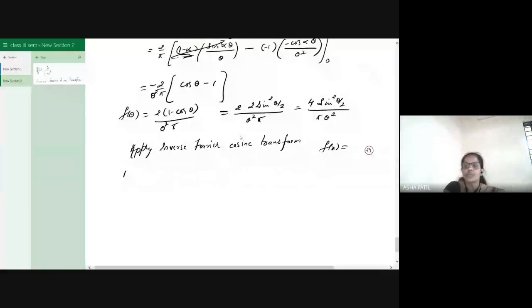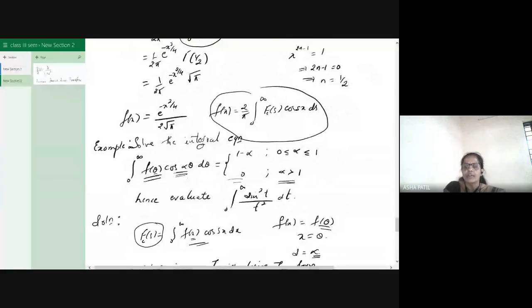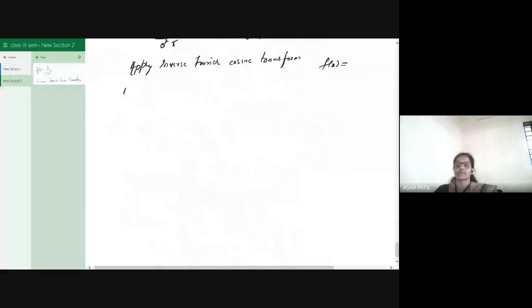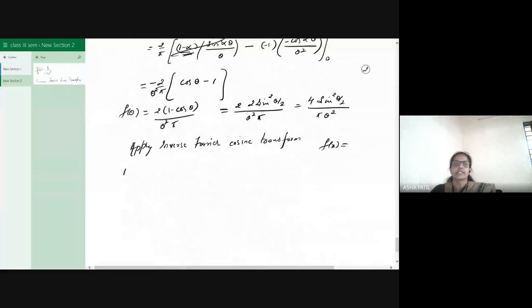Theta is x, I'm getting confused with the lots of variables. What we have got is f of x. We have got this, and what we want is the integration of sin square t by t square. What will you write for the inverse Fourier transform?